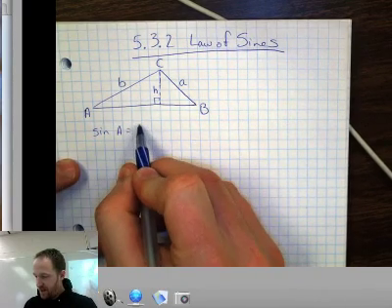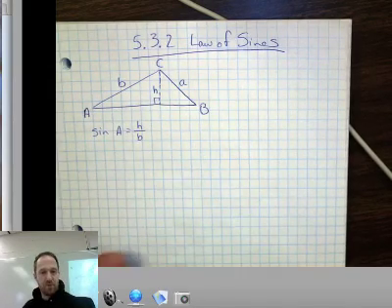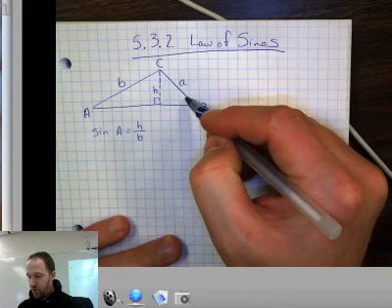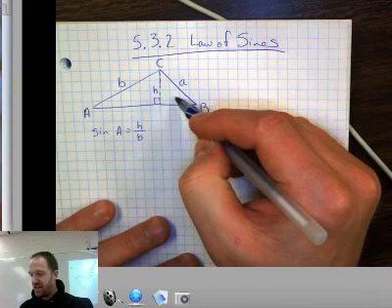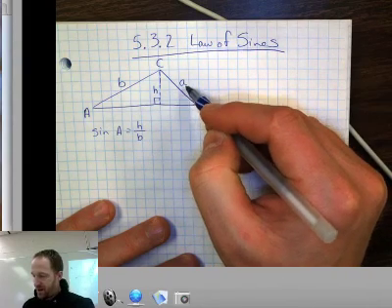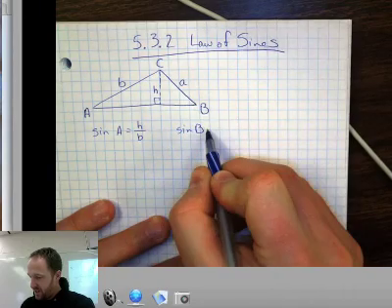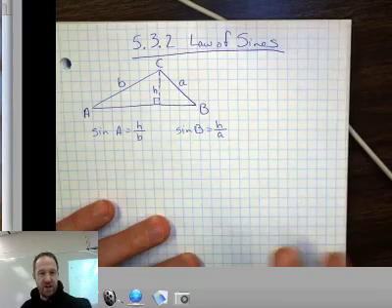Sine of A equals the opposite side, H, over the hypotenuse. And we could do the same thing over here if we knew angle B and this side A. Again, H is the opposite side to B, and A is the hypotenuse. So we'd have the sine of B equals the opposite side, H, over the hypotenuse, A.